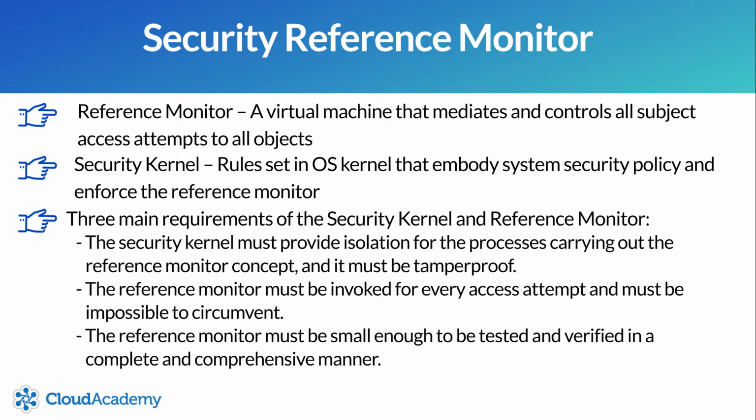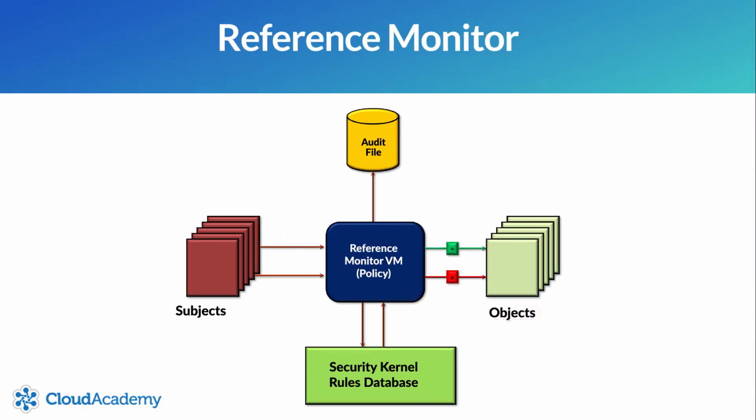Here you have a graphical representation of the way that the reference monitor is positioned between subjects and objects. The reference monitor virtual machine, which embodies the policy, acts as the mediator between subjects and objects. Below, you see the reference monitor accessing the security kernel.